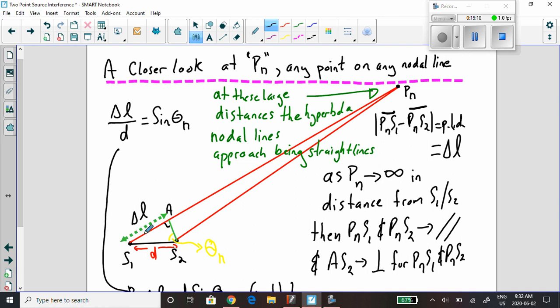That distance right there is how much further the wave has to travel to get to point Pn if it starts from source S1 compared to source S2. I'm going to label that point right there as A, and I'm going to draw a line that's 90 degrees to it right there.